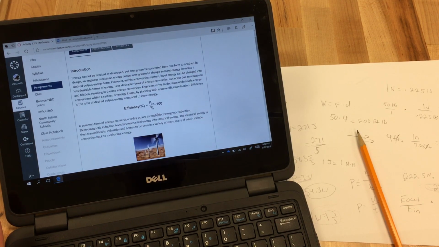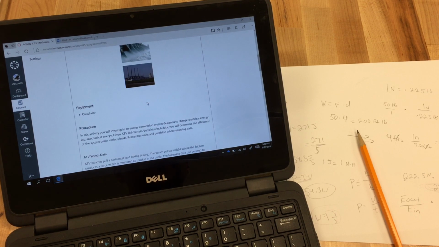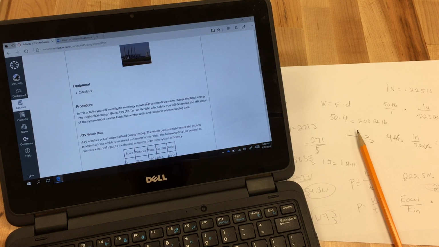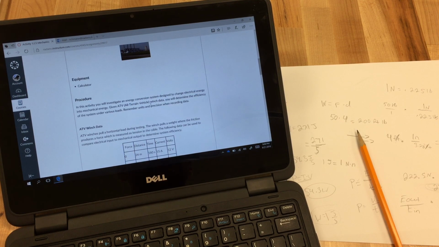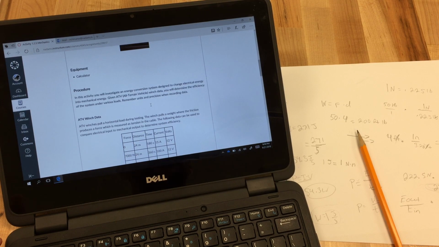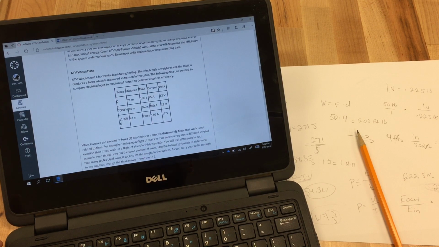Once again, it shows our efficiency calculations. You guys are going to use basically a calculator. In this activity, you will investigate the energy conversion systems designed to change electrical energy into mechanical energy. Given ATV, or all-terrain vehicle, winch data, you're going to determine the efficiency of the system under various loads. Remember units and precision when recording your data. ATV winches pull a horizontal load during testing.